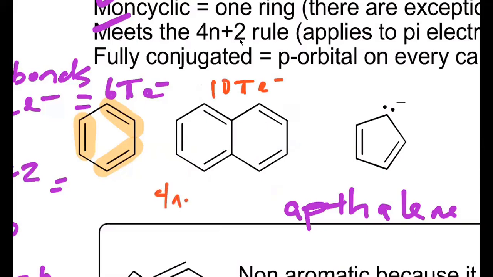So 4n plus 2, we set that equal to 10 and solve for n. n is what? Is that right? Yes. So it meets the 4n plus 2 rule. Which one of the criteria does it not meet? It's fully conjugated. It's not monocyclic. So naphthalene is an exception.